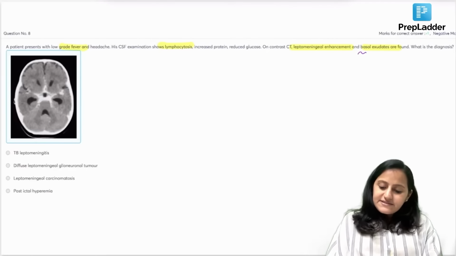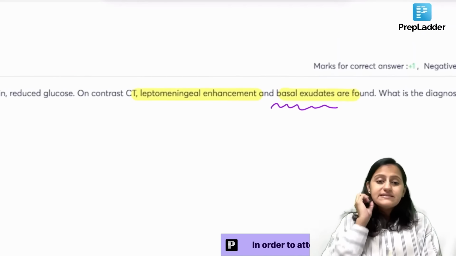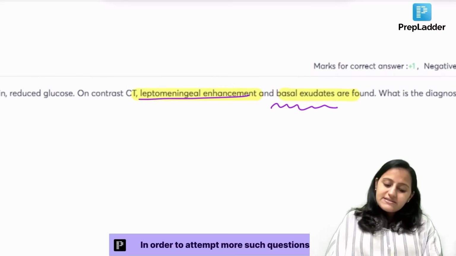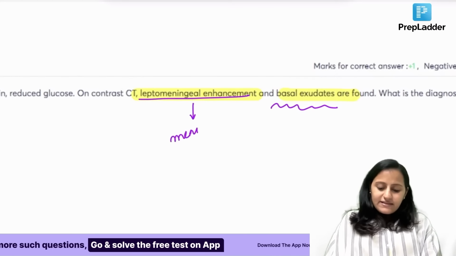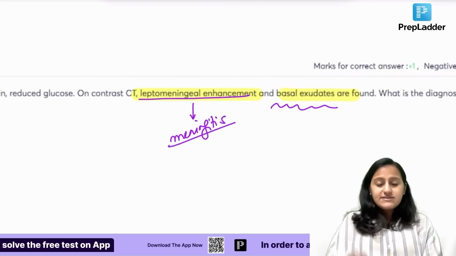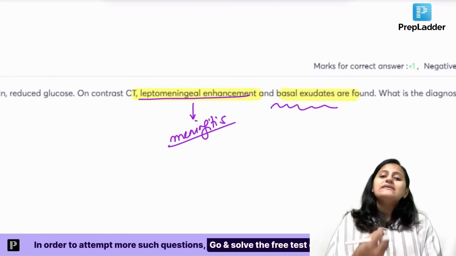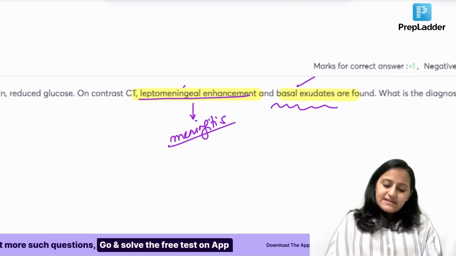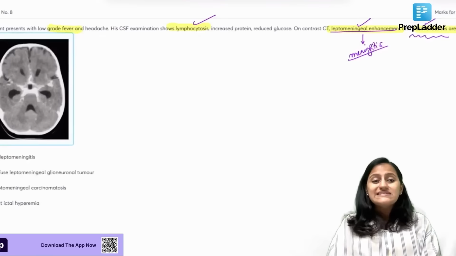Basal exudates is a very, very important finding that you see in TB. Along with that, what does leptomeningeal enhancement suggest? It suggests that there is meningitis. The inflamed meninges are getting thickened and enhanced. So basal exudates, leptomeningeal enhancement, lymphocytosis, fever, all of this is TB.